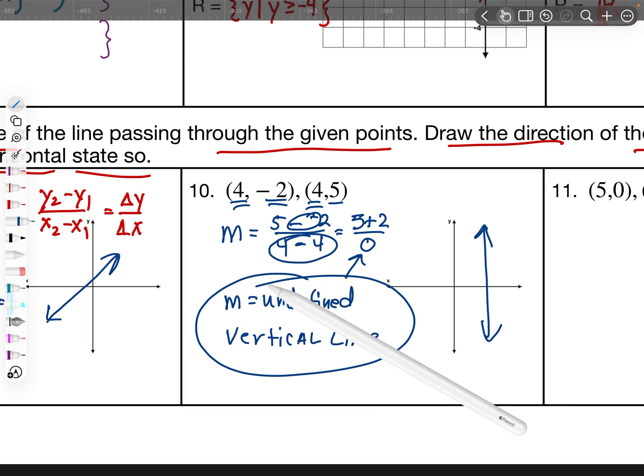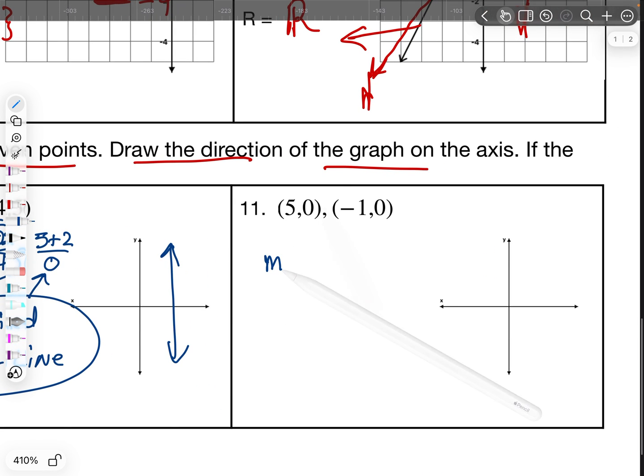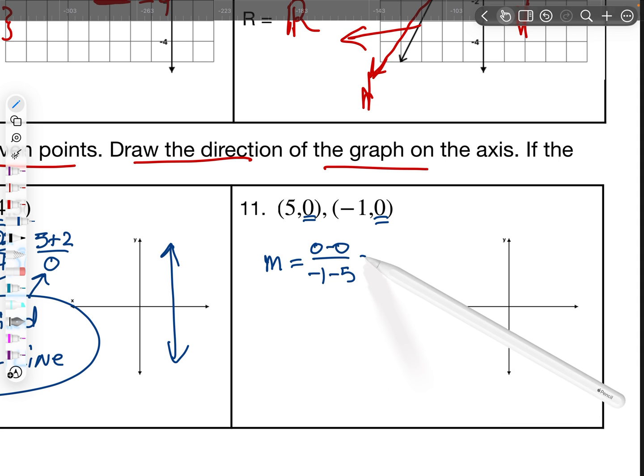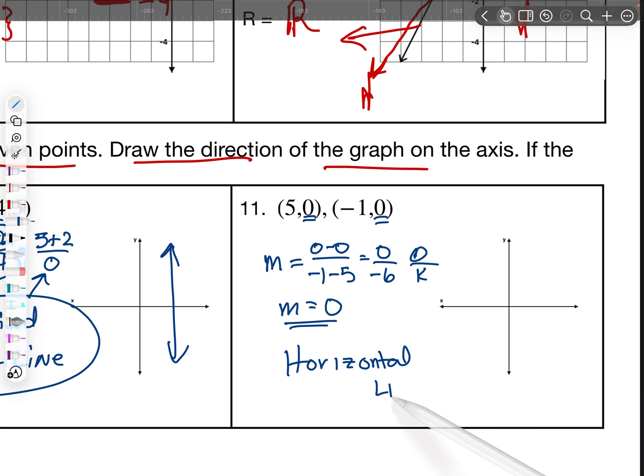All right, and 11 here. Note these y values are the same. That's a big clue of what's going to happen. 0 minus 0, negative 1 minus 5. Zero's on top, and that is okay. This is a slope of 0. This is a horizontal line. I know its equation.